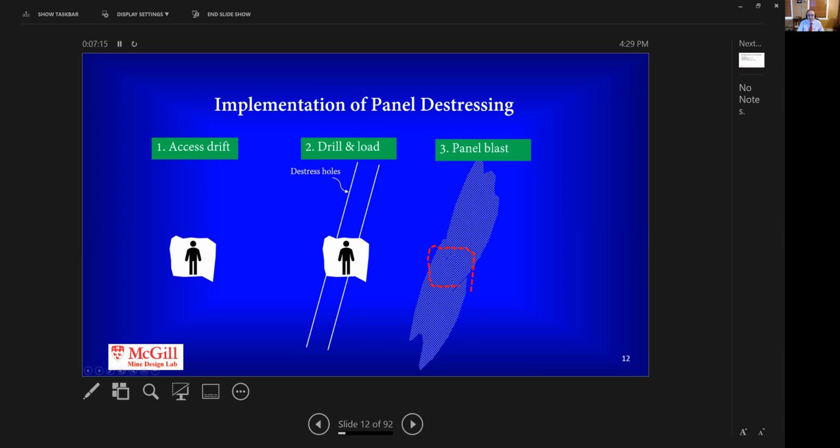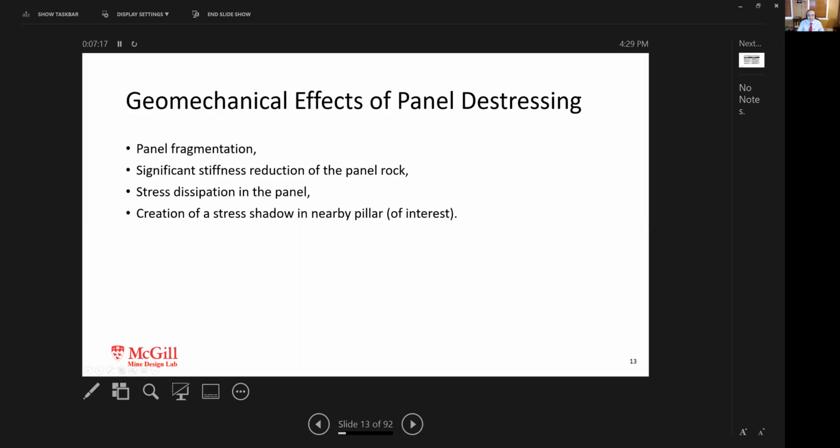That's in essence the method, and the geomechanical effects are quite different. First of all, it's fragmentation rather than fracturing, and it causes significant stiffness reduction in the panel rock. As a result, the stress is nearly completely dissipated in the panel. But the goal is to create a stress shadow in a nearby pillar of interest, and mostly it is an ore pillar.